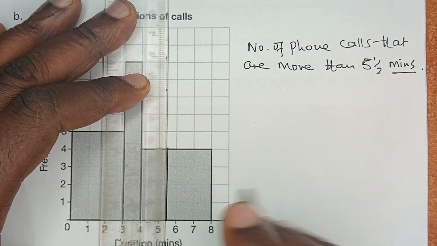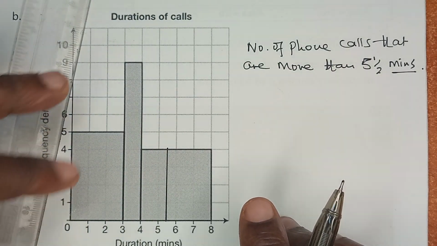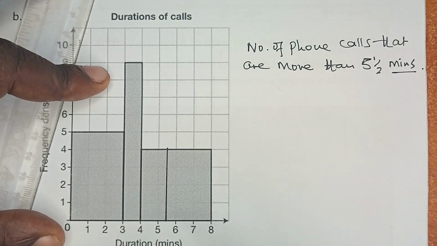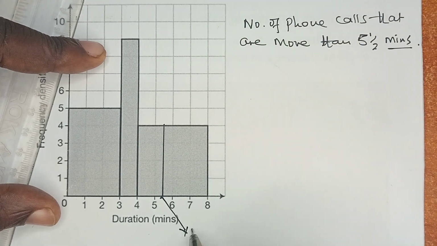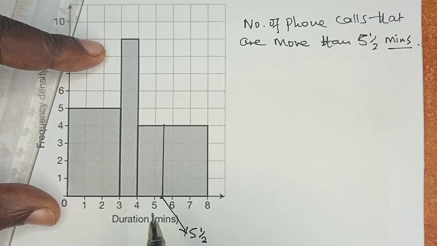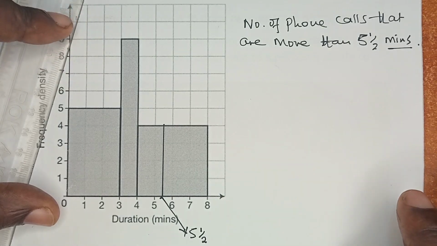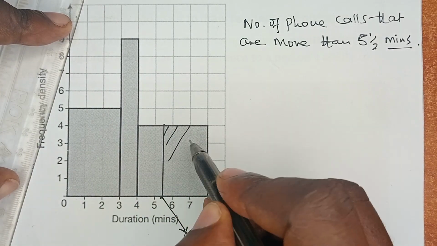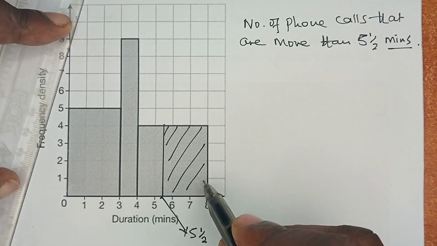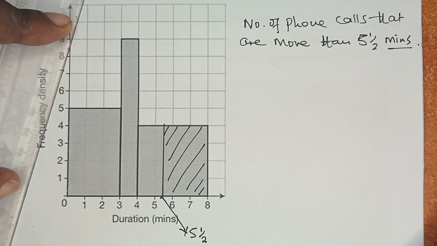There is our 5.5, and we can already extract it here. And the phone calls that are more than 5.5 minutes long are, according to the interpretation of the histogram, the area of the whole region of the histogram that is over and above 5.5 minutes.